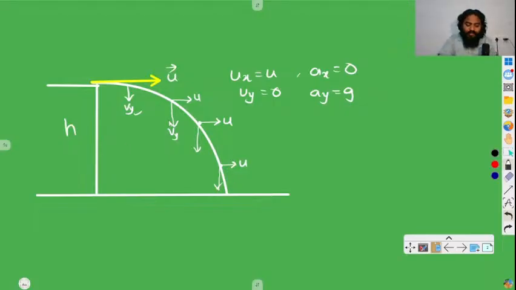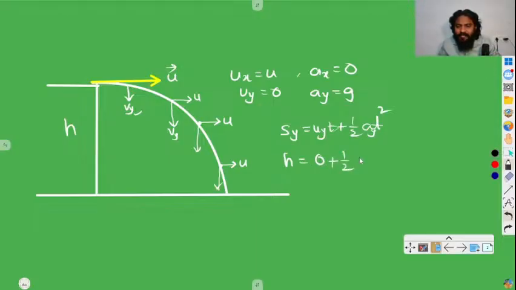From this, if you want to solve anything, you just have to use sy is equal to uy t plus half ay t square. For example, if you want to find h, h is equal to uy, in this case 0, plus half g t square. So h is equal to half g t square. This is the formula for the height along the y-axis.